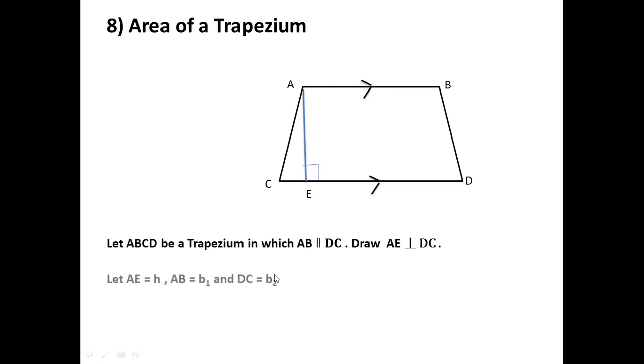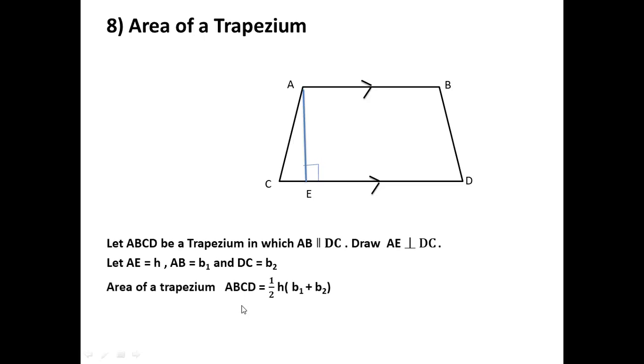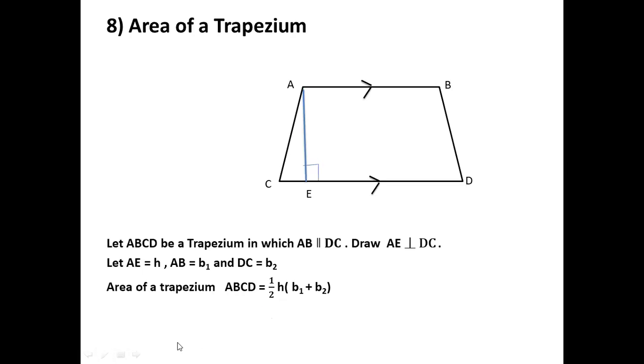In such case, we find its area by using this formula: 1 by 2 into h, which means height, multiplied by B1 plus B2, the sum of the parallel sides. Okay, children, this is the formula to find the area of the trapezium.